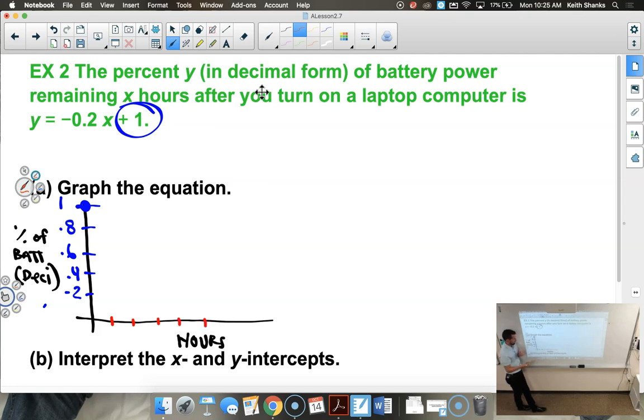Because it's not really going on forever because it can't go higher than 100. Technically, we always put arrows on our axes. I didn't here just because I'm sketching it real quick. But technically, we still put them just because it's a graph. You don't have to use all of it, and you can recognize you're not going to go beyond certain restrictions, right? It's not going to have negative percentage or negative hours.